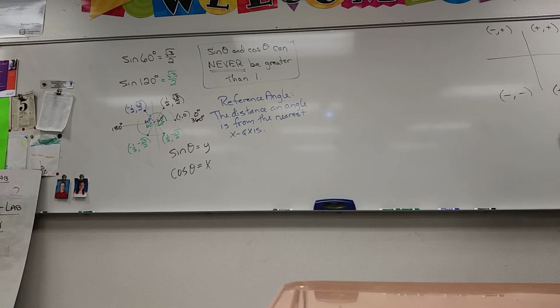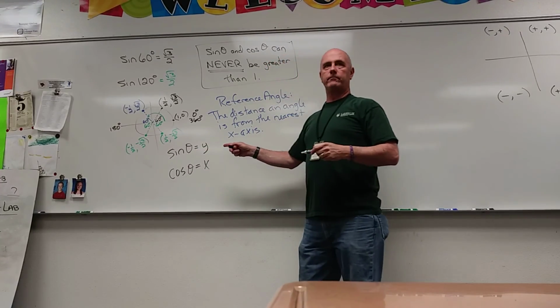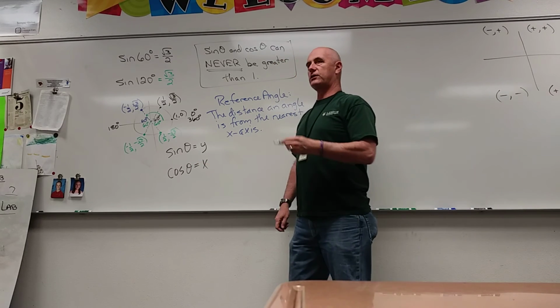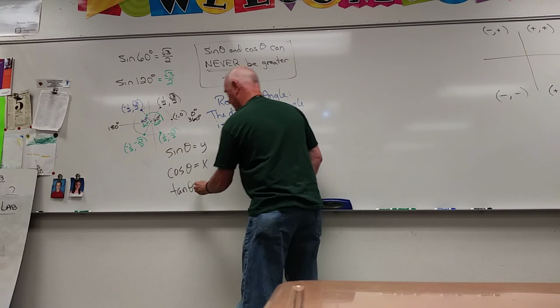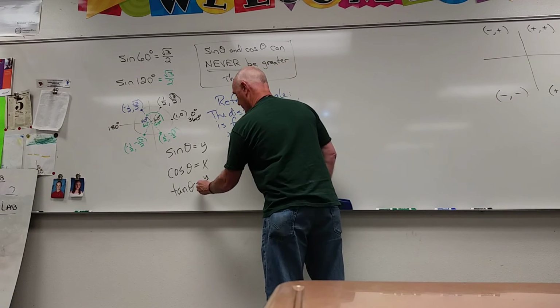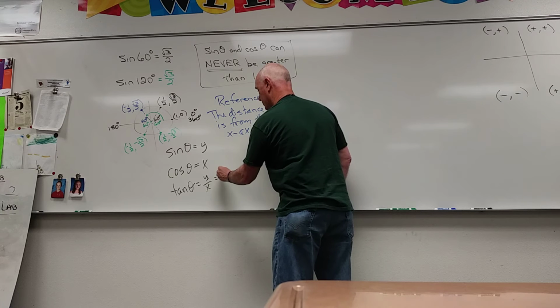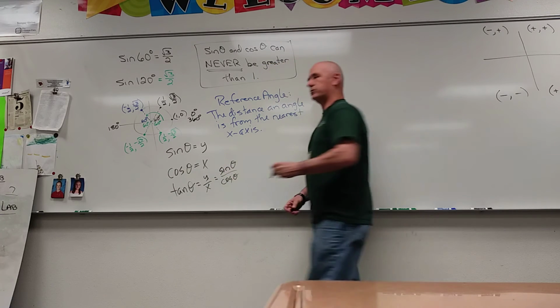Now, we know 3 things. We know that the sine of theta is the y-coordinate. We know the cosine of theta is the x-coordinate. We know that the tangent of theta is y over x, or sine of theta over cosine of theta.